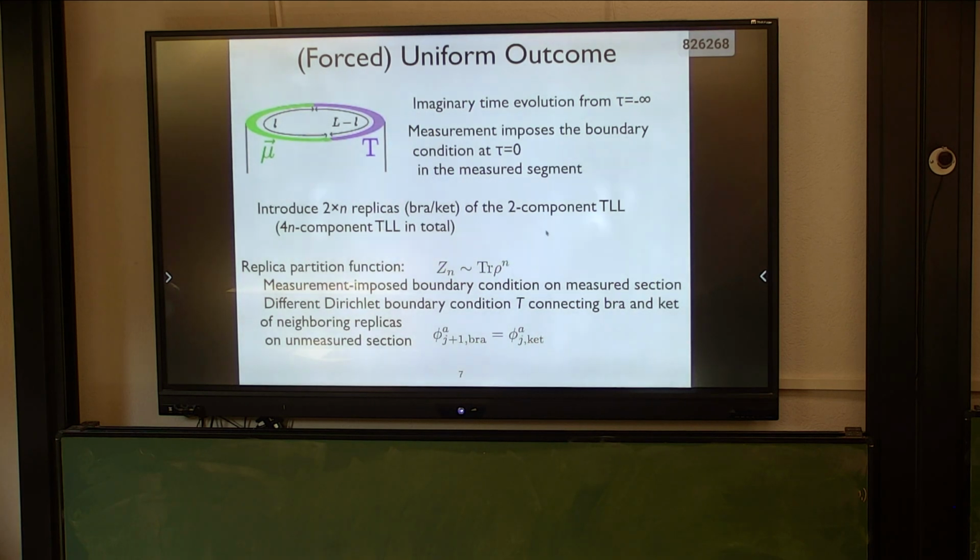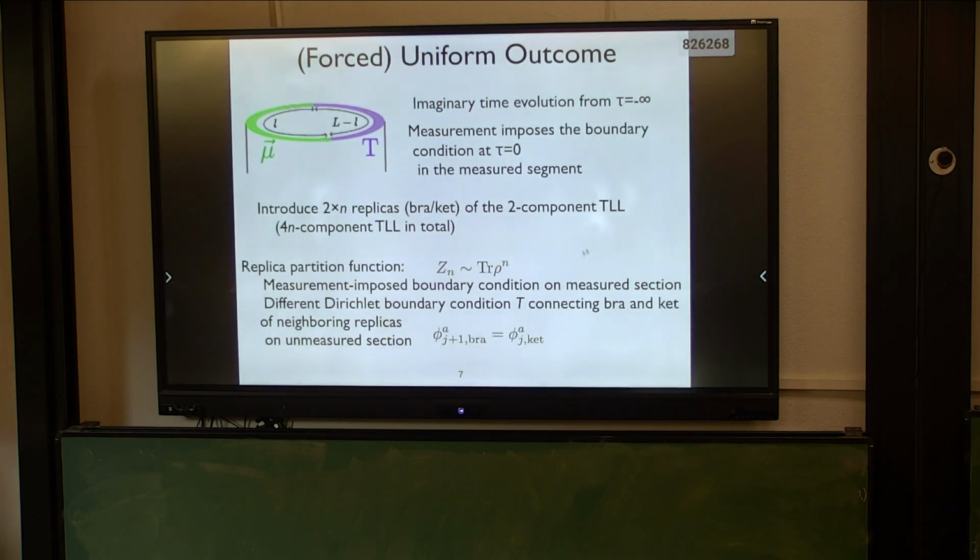And in order to discuss entanglement entropy, we already started from a two-component free boson field theory because we had two chains. But in order to compute entanglement entropy, we also need to prepare the blanket component. Also, as I will discuss in the following, in order to compute the entanglement entropy between A and A prime, which is the main quantity I want to calculate, we need to introduce replicas, using the replica trick.